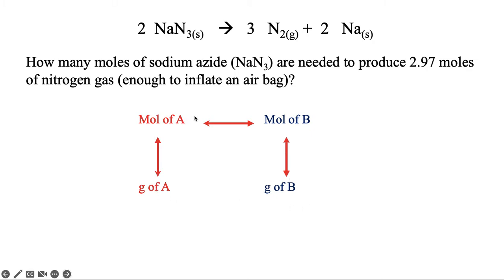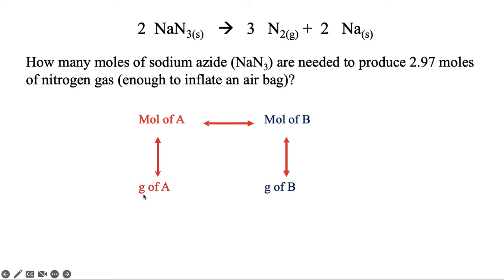Now, like I said, these are 3 steps, and these are the most steps that you will use in a stoichiometry problem. You don't have to use them all. For example, in this problem, it asks me how many moles of B are needed to make 2.97 moles of A. So I'm right here.